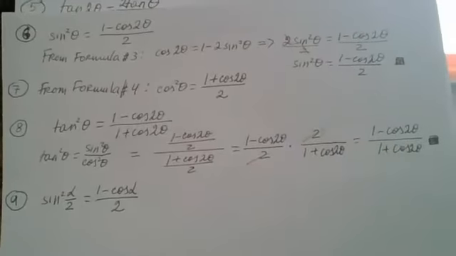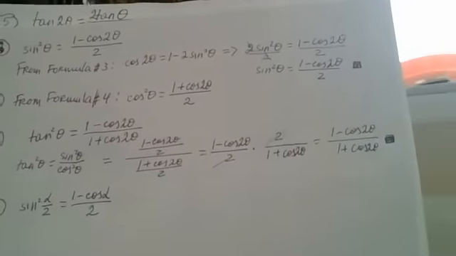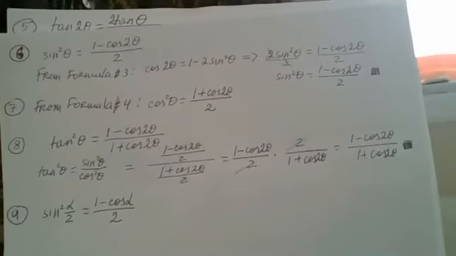And this is why for formula number 6, in terms of alpha, we have sine square alpha over 2 equals 1 minus cosine alpha over 2, because again, they got rid of theta and 2 theta. Instead of theta, they used alpha over 2, which is half of alpha, and instead of 2 theta, they are using alpha.